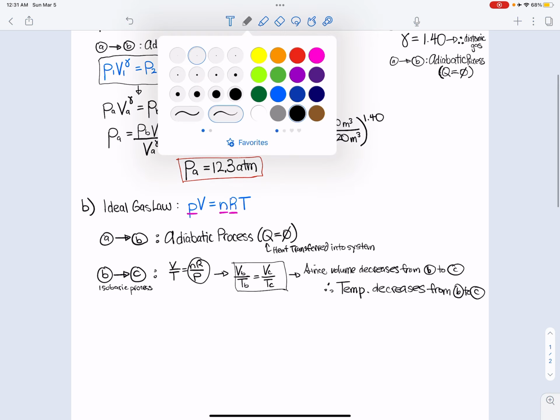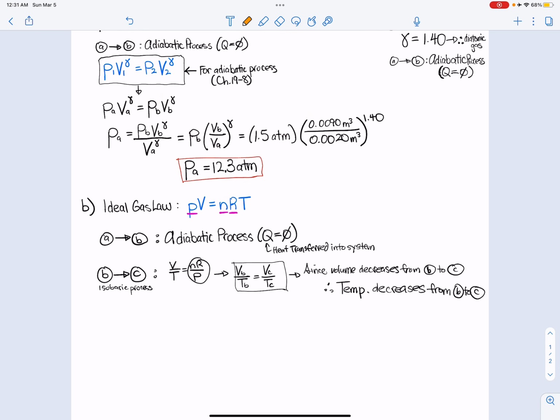And just to show that real quick, as a side note, let's say these are not actually the values, but let's say VB over TB was 5 over 10, and VC over TC is just equal to 1/2, since 5 over 10 is 1/2.